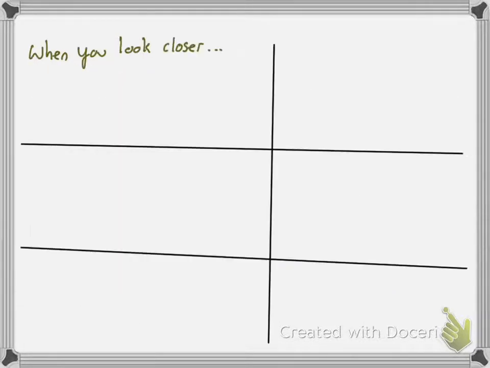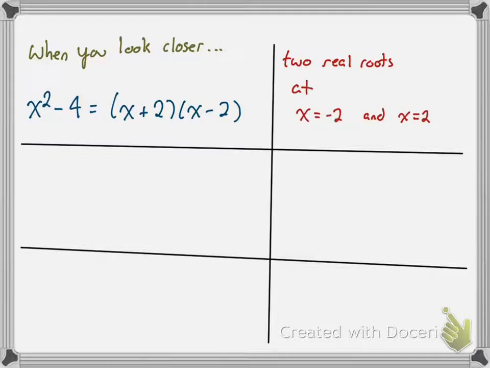But if we look a little bit deeper, x squared minus 4 breaks down to x plus 2, x minus 2. We have two real roots at negative 2 and 2. You can easily see that when graphing it, you cross the x-axis at those 2 points. For x squared minus 2x plus 1, where you had one real zero, we can break this down into factored form as x minus 1, x minus 1.